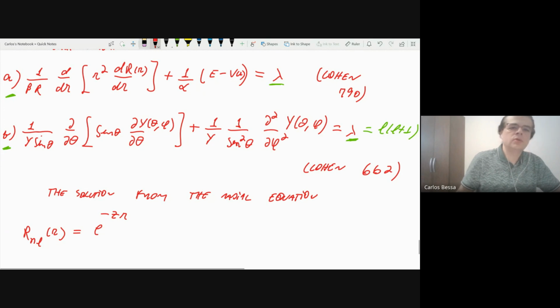We don't have this E. I'm considering Z equal to 1, so hydrogen atom. And beta r to the power L, and some polynomials that I'm calling here G n L of r over beta.